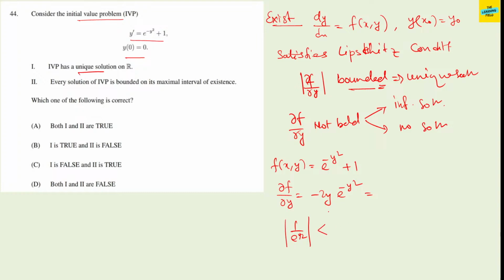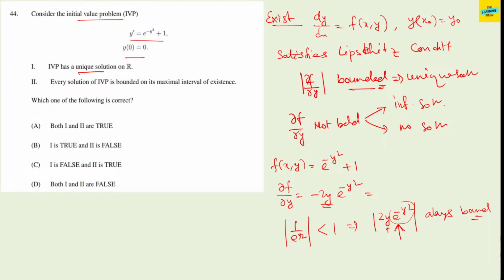Since the presence of this term, whatever the value of y, mod of 2y e to the power minus y square is always bounded. Do you understand or not?